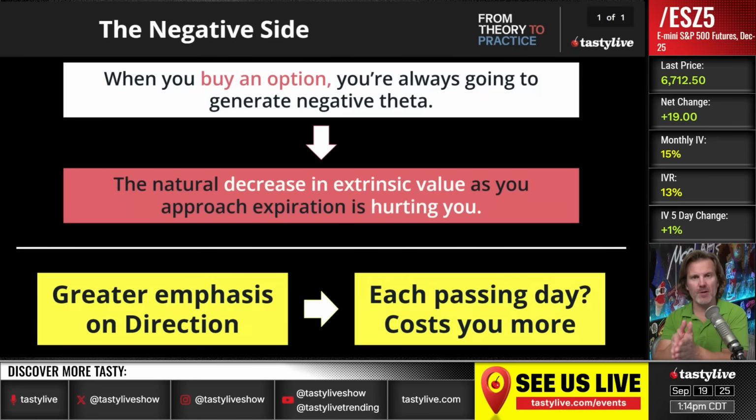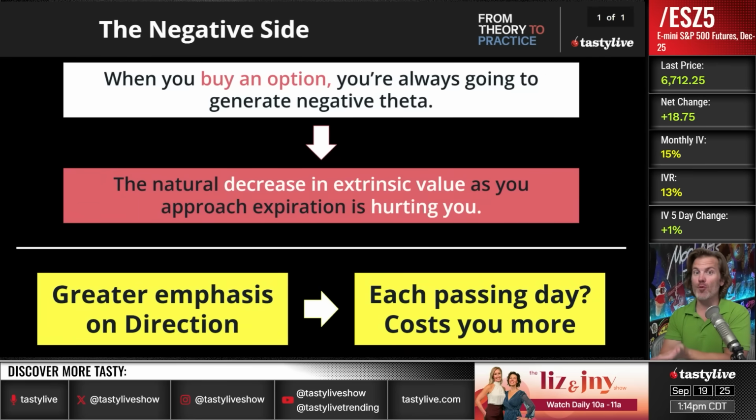If you buy an option, call or put, you are going to find yourself needing to be directionally correct more quickly than maybe you realized, because once that theta begins to grow a little bit of teeth, and all of a sudden, each passing day is costing you more and more, it is quite literally increasing the hurdle that you have to jump over to be successful on that trade.